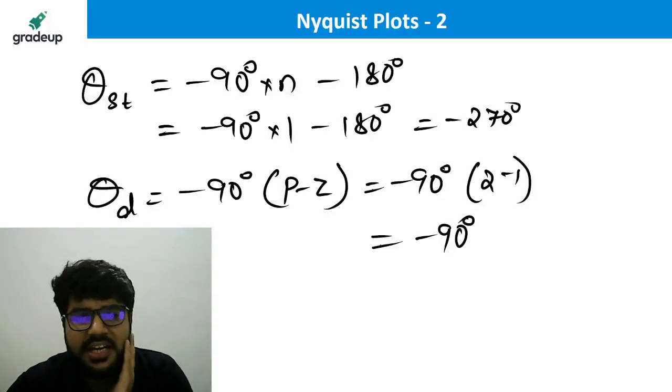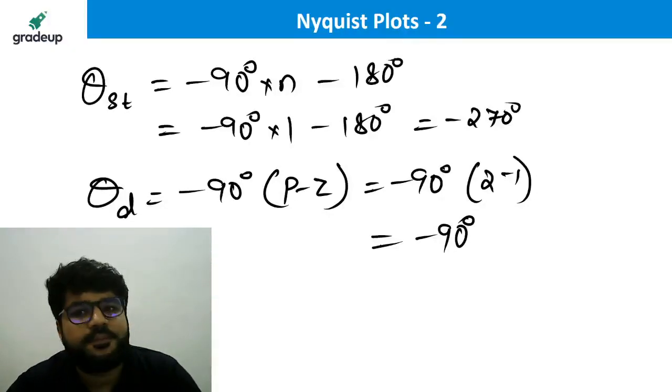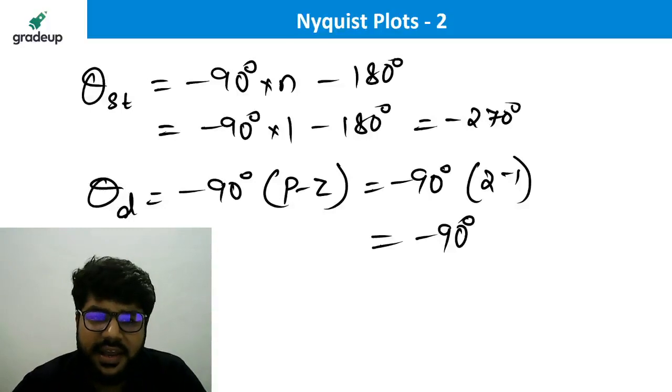So the plot starts from where and goes to where? Which quadrant to which quadrant? Can you say?